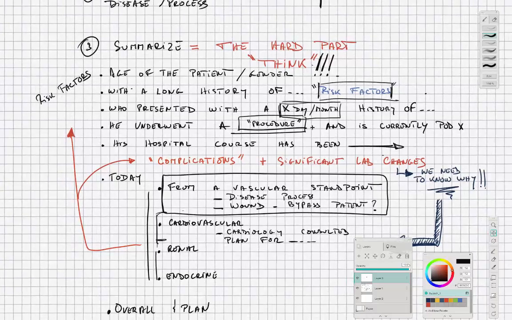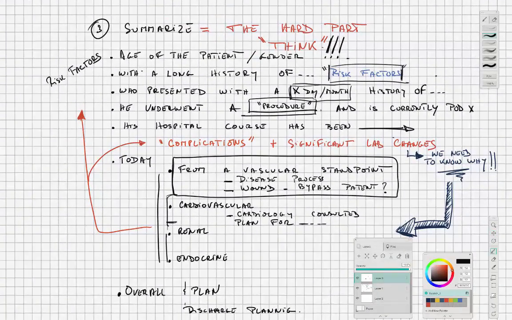So let's run through this. I will just make up an imaginary patient and give you a quick presentation. So this is a 64-year-old gentleman with a long-standing history of diabetes mellitus, hypertension, heavy smoking, stage 3 renal failure, who presented with a non-healing wound in the right lower extremity that was managed conservatively initially.